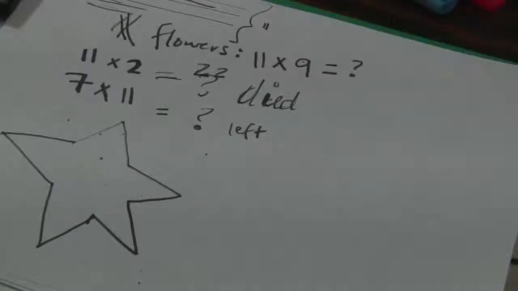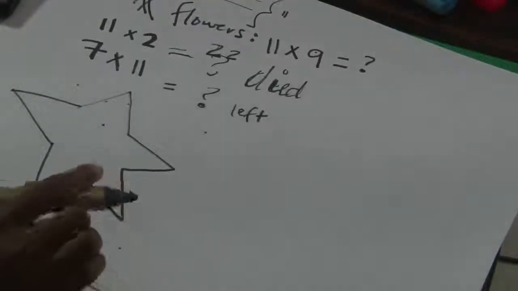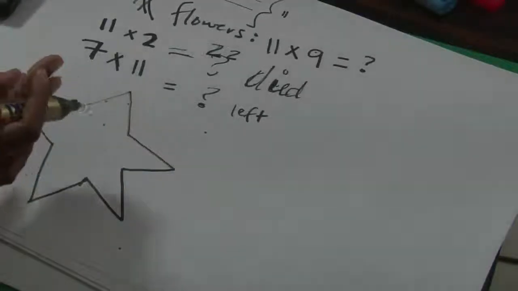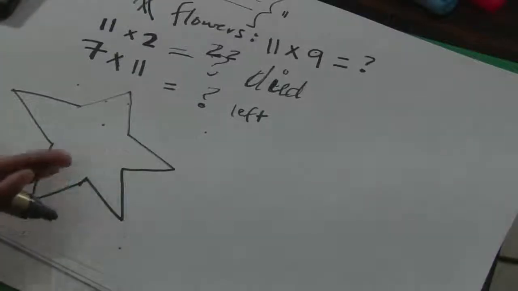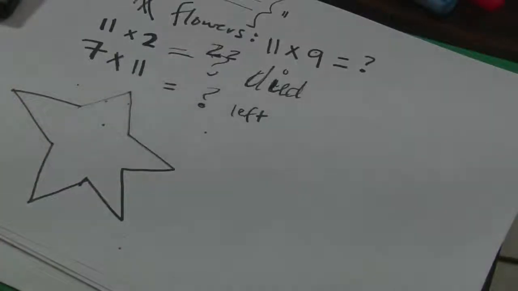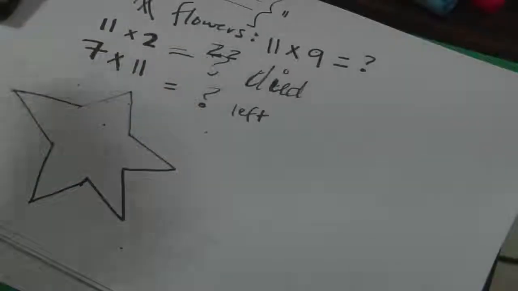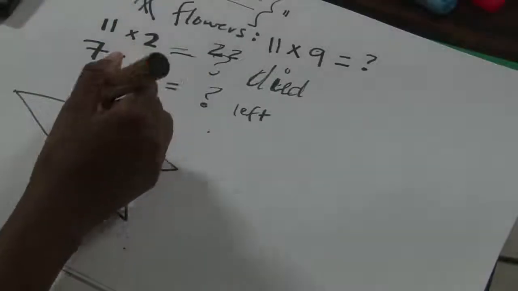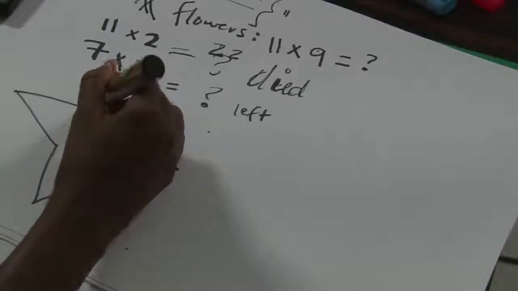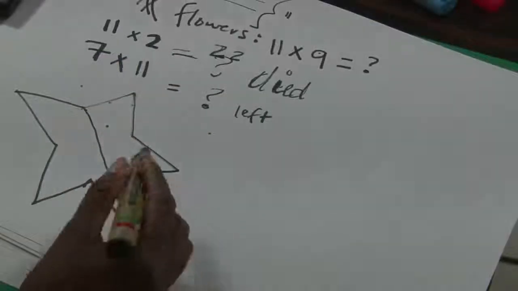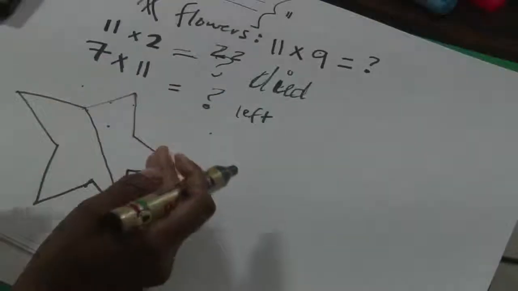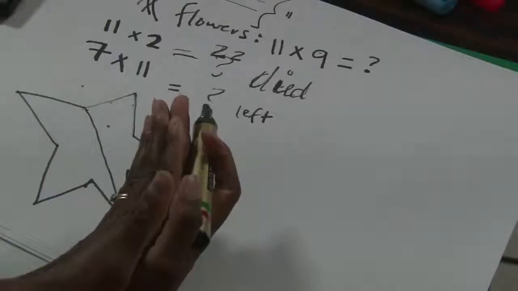The line of symmetry: if you fold it, how many times can you fold it so that it comes together nicely and doesn't go the other way? Mine is not to scale, but if you fold it this way, this one will come here, this one will come here, and this one will close.